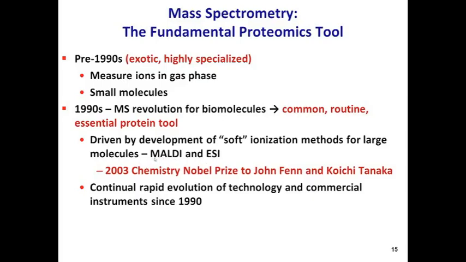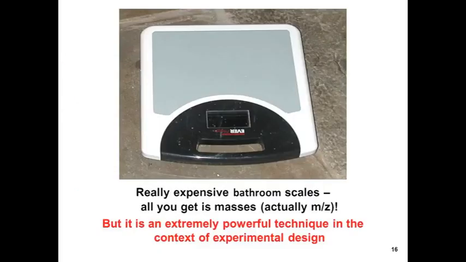MALDI stands for Matrix-Assisted Laser Desorption Ionization, and ESI stands for Electrospray Ionization. These two discoveries were so important and fundamental that a few years later, the Chemistry Nobel Prize was awarded to leading developers of these techniques. This technology and commercial instruments providing this technology have rapidly evolved since the 1990s, particularly for electrospray mass spectrometry.